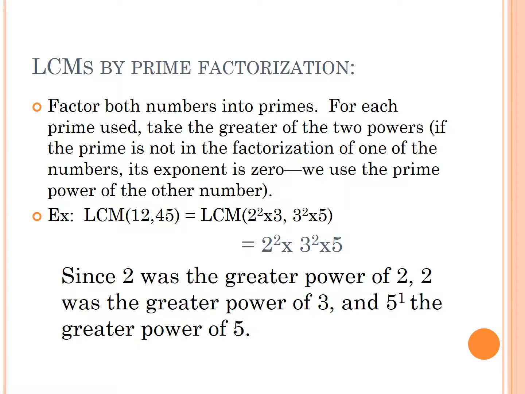And that's going to be what? 4 times 9 is 36. 36 times 5. I'll give you one of my favorite tricks to multiply by 5. Just put a 0 on the end of the number and then take half of it.